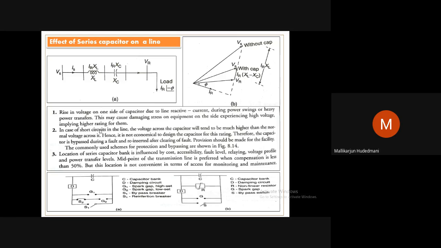Those are protected as shown by the lower two diagrams. You can see there that a capacitor inserted for the compensation should have a spark gap across it. Here you can see G1, spark gap high set, then G2, spark gap low set, and we have switches S1, S2, like a circuit breaker contact closing with a damping circuit, which protects this capacitor by bypassing it in the situation which is going to occur.